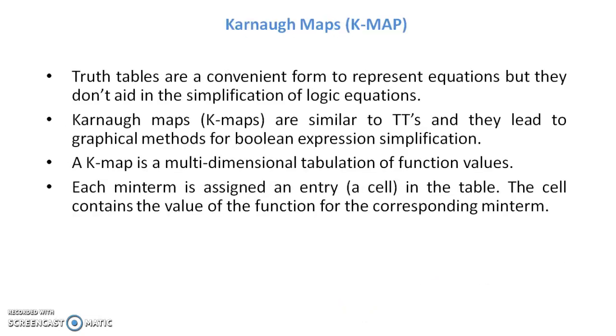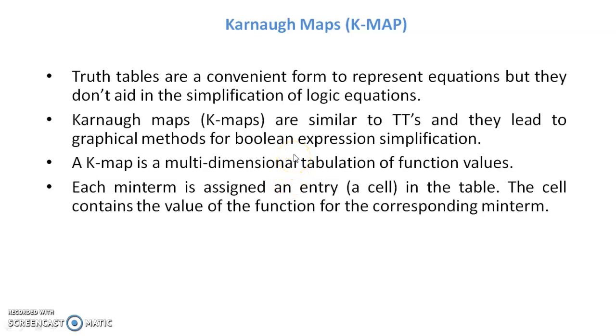Truth tables are a convenient form to represent the equations, but they don't aid the simplification of logic expressions. Karnaugh maps are similar to truth tables, and they lead to a graphical method. When we are using the K-map structure, we are solving that particular truth table using the K-map. If you are using 2 variables, it uses the 2 variable K-map.